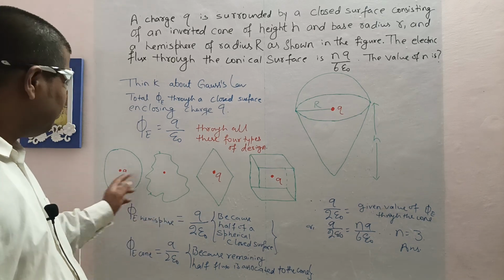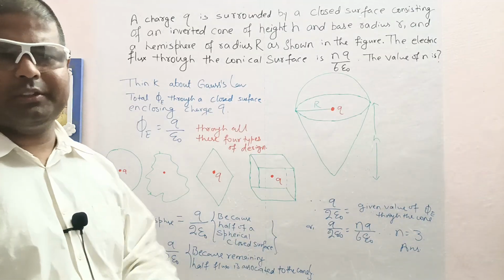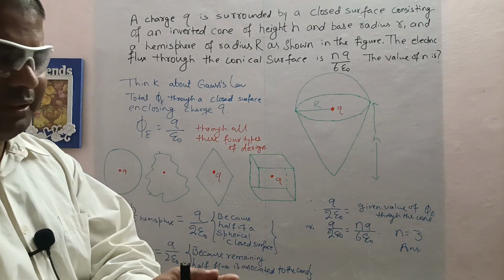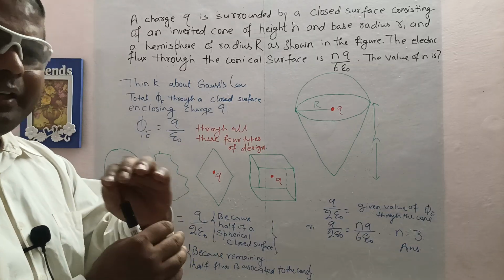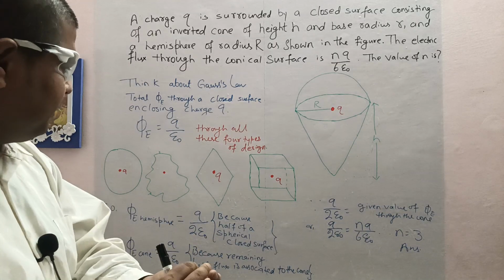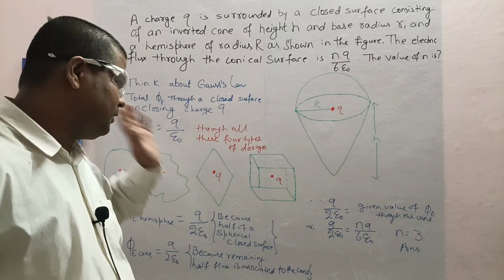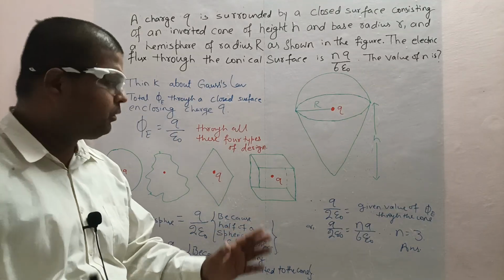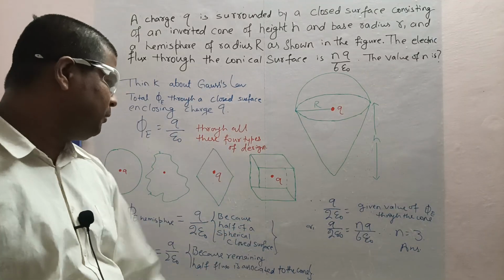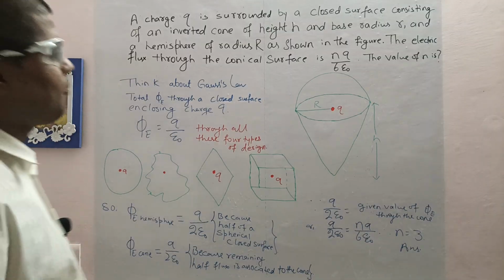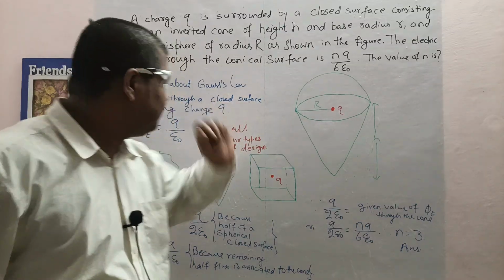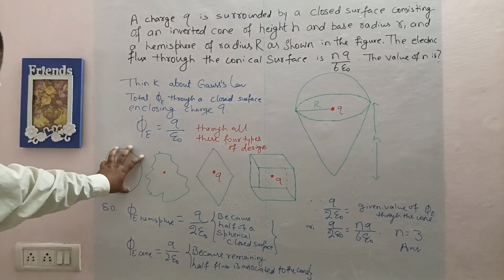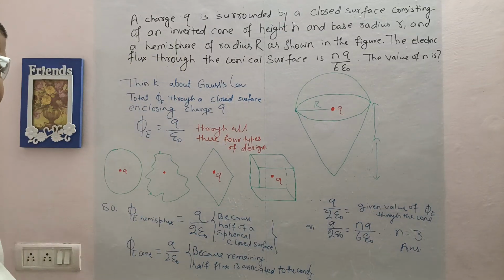Not only this, for any type of structure which is enclosing the charge completely, the flux through the total closed surface will be Q by epsilon naught. Remember this. This is the concept of Gauss law to solve such type of questions. Now, look at the question. This charge is enclosed by a spherical Gaussian surface.